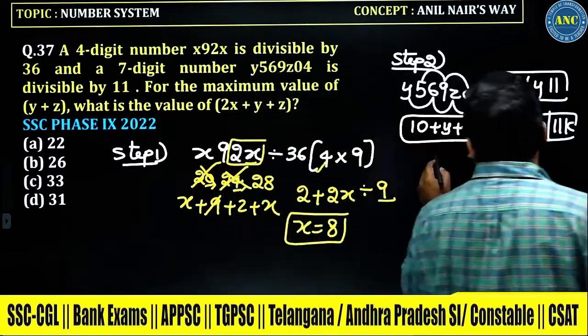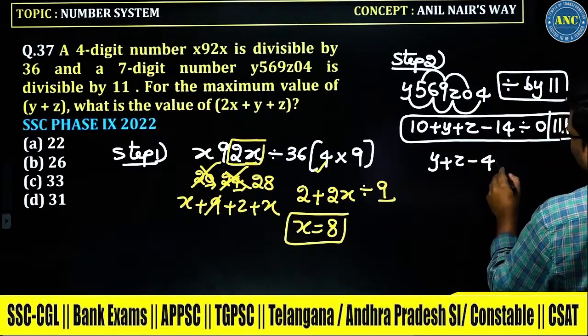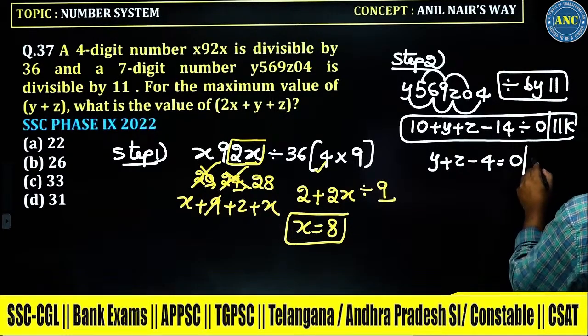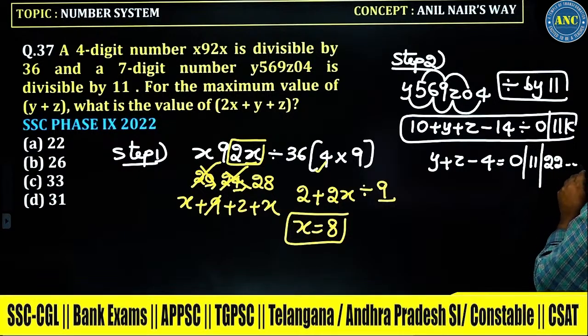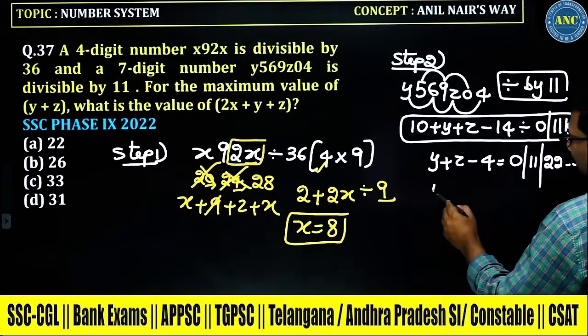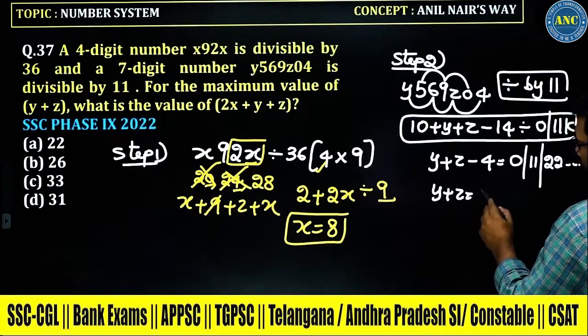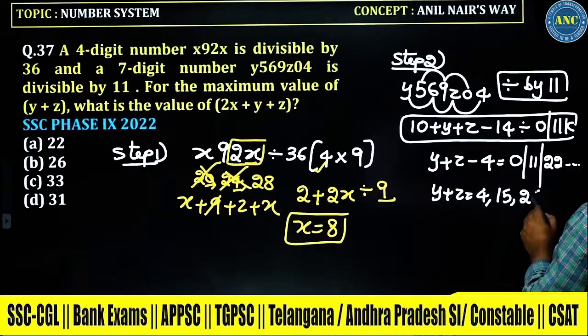That means y plus z minus 4 will be either 0 or 11 or multiples of 11, like 22. So y plus z is 4, or y plus z is 15, or y plus z is 26.